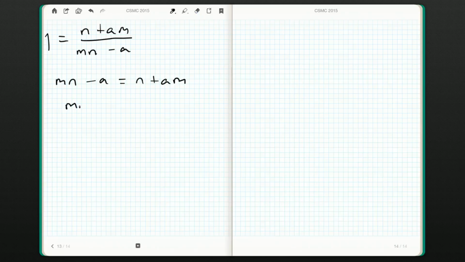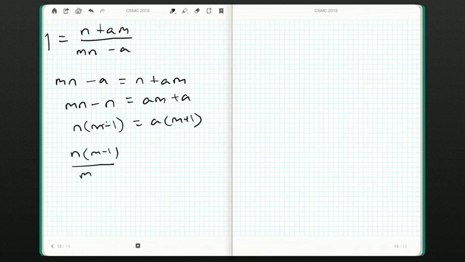We can bring the n over to this side, and we can bring the a over to this side. So now we've got n(m minus 1) over here, and a(m plus 1) over here. I'm hesitant to leave it with the division here, but I do now have a all by itself.